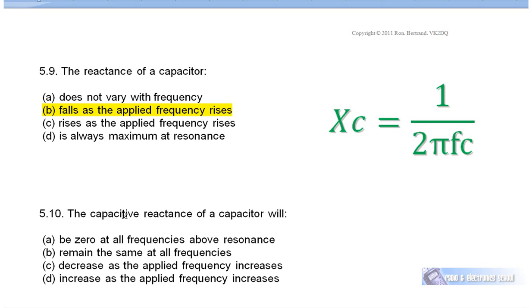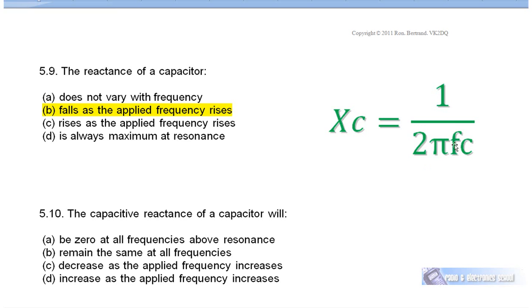Looking at 5.10, same sort of question. You get your answer from the equation. The capacitive reactance of a capacitor will be zero at all frequencies above resonance. Nonsense. Remain the same for all frequencies. That can't be so. F is in the equation. Decreases as the applied frequency rises. That's it.